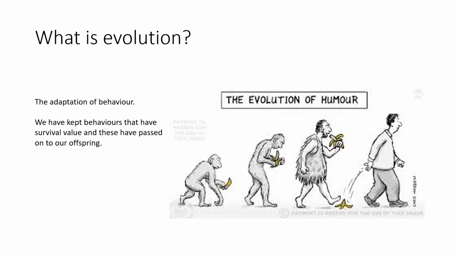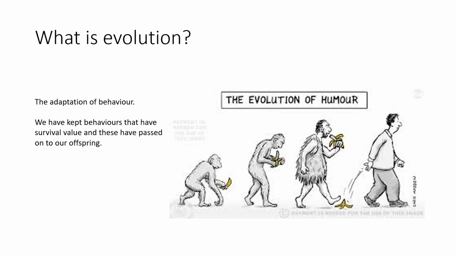You can use giraffes' long necks as a really good example of this. Because giraffes have a longer neck, they're able to reach more food, and that means they're more likely to survive and have offspring, so they pass on the long neck gene to their offspring. If a giraffe has a shorter neck and there's no food that they can reach, then they won't be able to survive and have offspring and pass on those short neck genes.